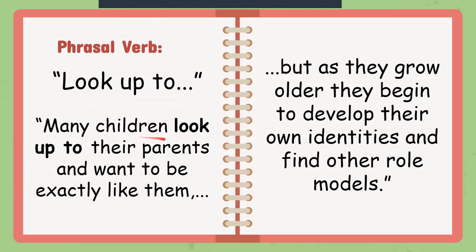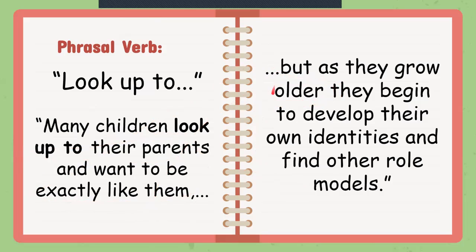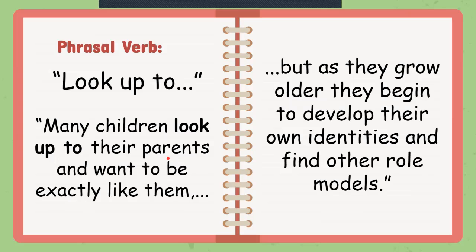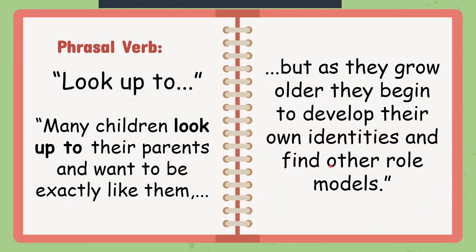So when you are young, you look up to your parents. Maybe you want to be exactly like them. But of course, as we grow older, we begin to find other role models. We still maybe like our parents, hopefully, but we find other role models in our life.